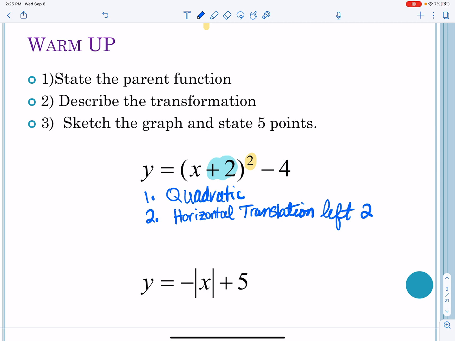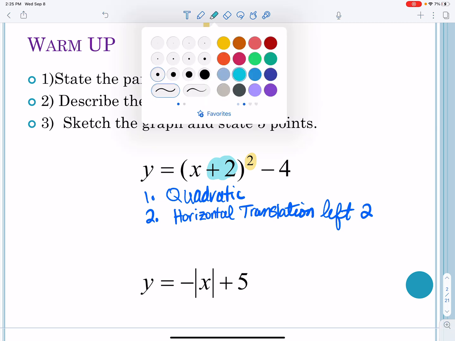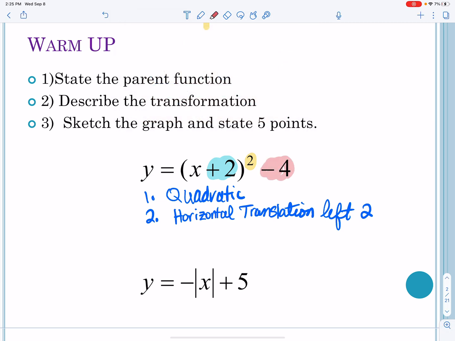You have to have all the words on that. Okay, if you look at this one outside, okay, that is a vertical translation, and it is down 4. Okay, horizontal translation left 2, vertical translation down 4.